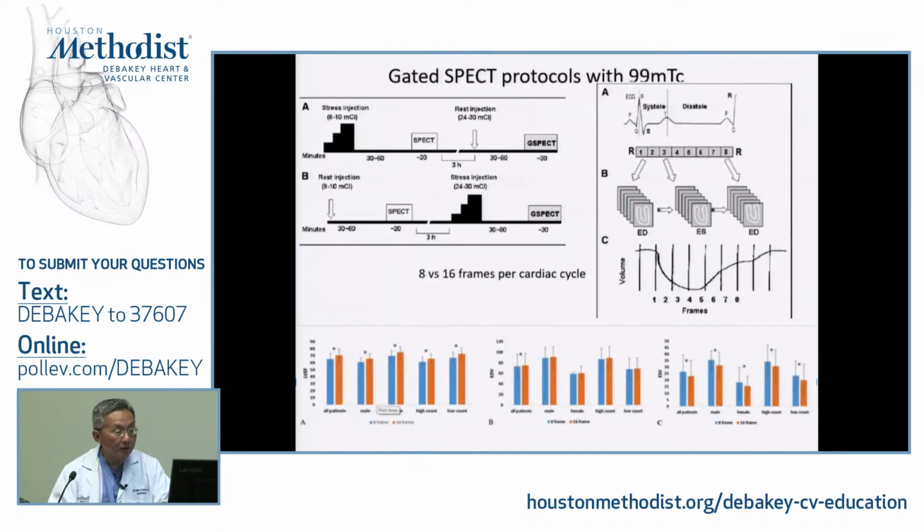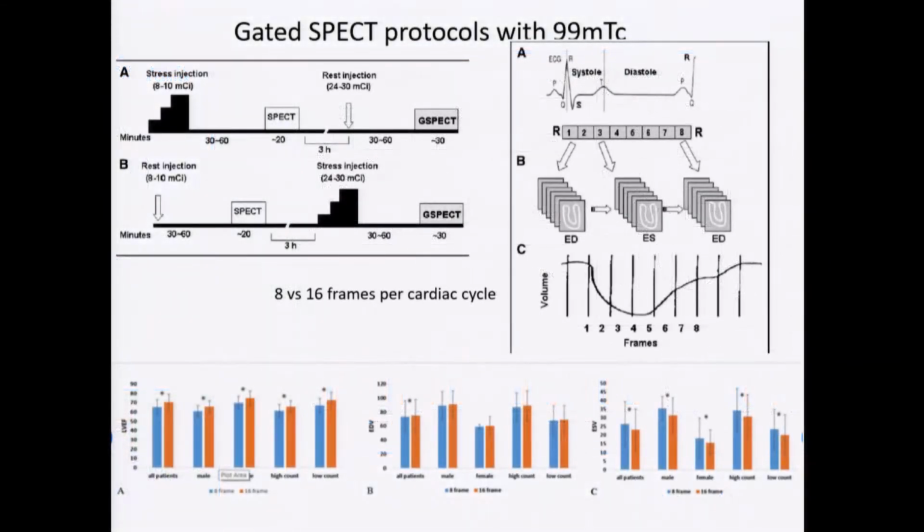Okay, gated SPECT. This is the thing that we do day in and day out. The importance of this slide is I just recertified my nuclear boards, and this is one of the questions. Everybody's probably paying attention now. You know the gated technique we use in almost all cardiac non-invasive imaging: CMR, CT, nuclear.